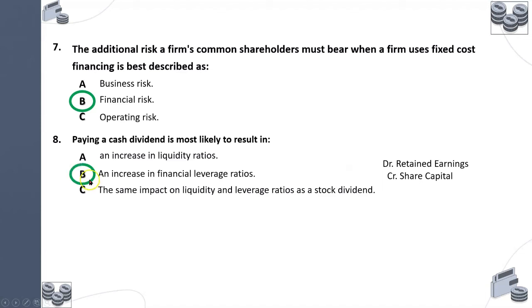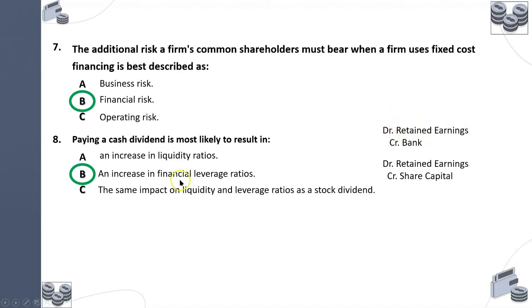So there is no change in leverage, because leverage is debt divided by equity. This is the right answer, because if I pay dividend, I will increase the financial leverage. How? What is the entry of paying cash dividend? We debit retained earning and we credit bank. Our asset decreased and our retained earning also decreased. If the retained earning decreases, that means the total shareholders' equity is less.